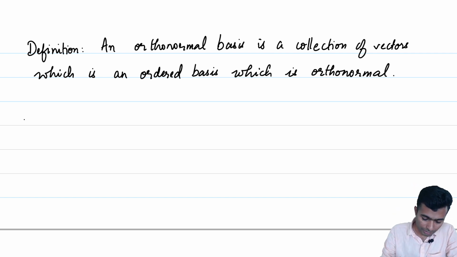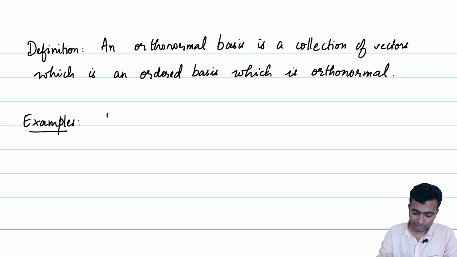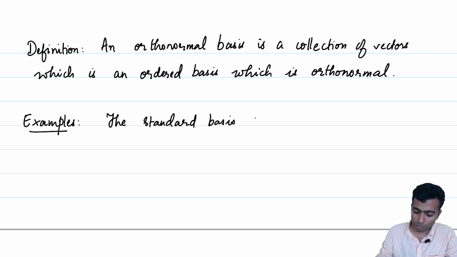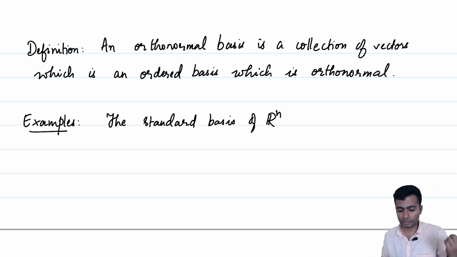Let's look at a few examples. So the standard basis of Rn is an orthonormal basis with respect to the standard inner product in Rn.